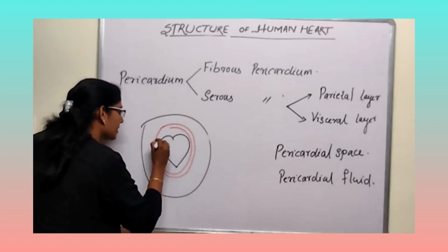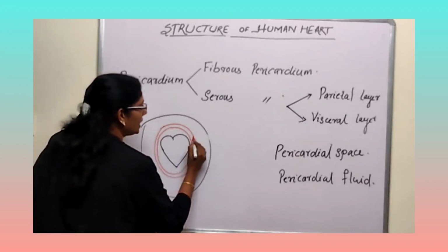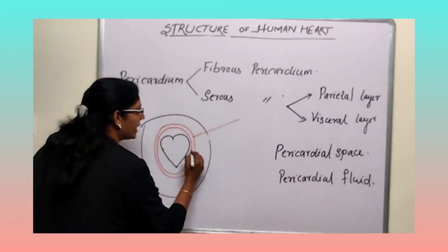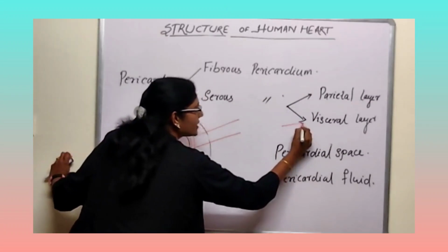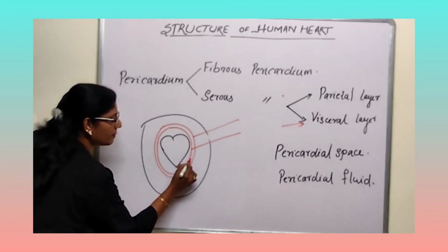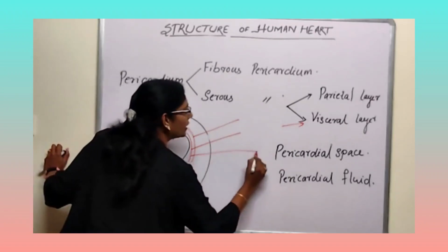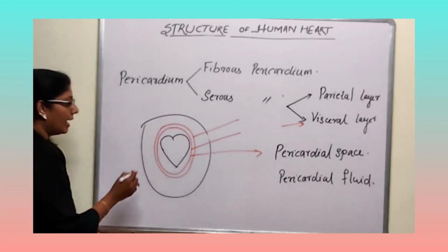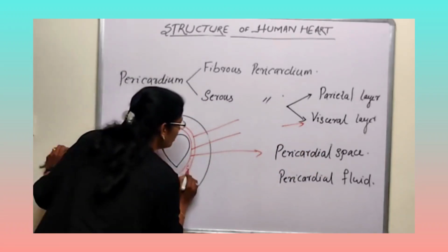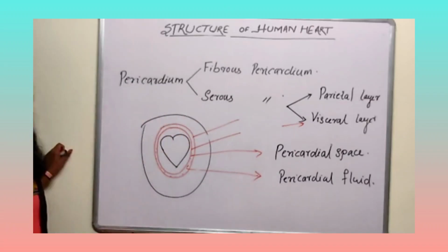The outer layer is called the parietal layer, and the inner layer is called the visceral layer. In between these two layers is the pericardial space, filled with a fluid called the pericardial fluid.